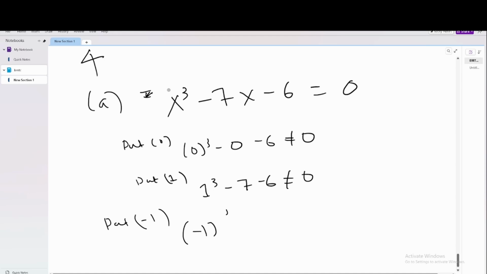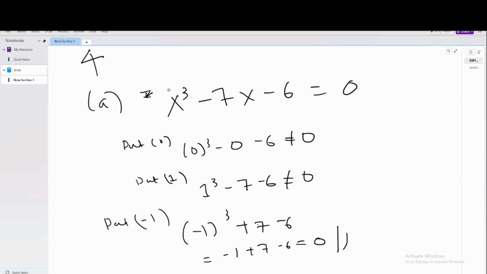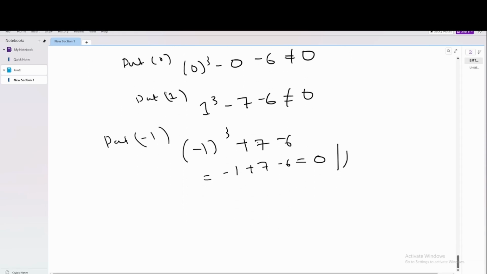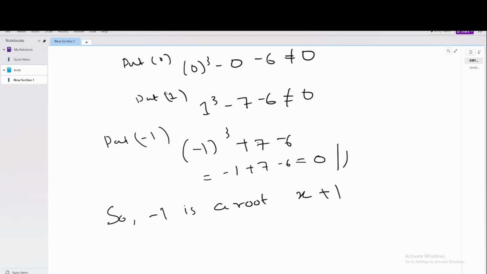Minus 1 whole cube plus 7 minus 6 equal to 0. So minus 1 is a root and x plus 1 is a factor.